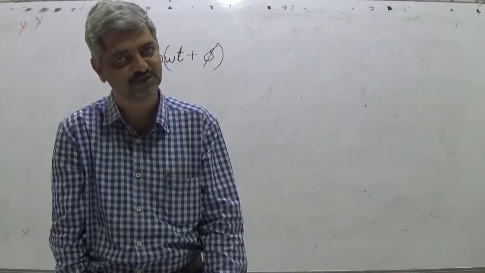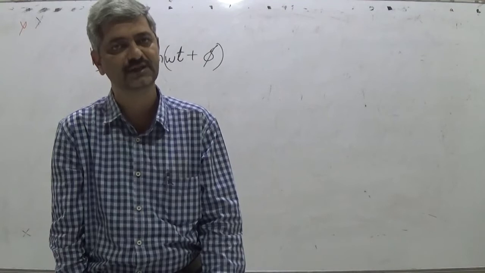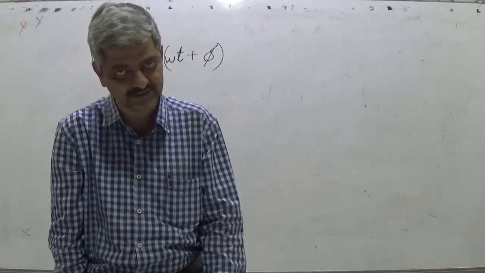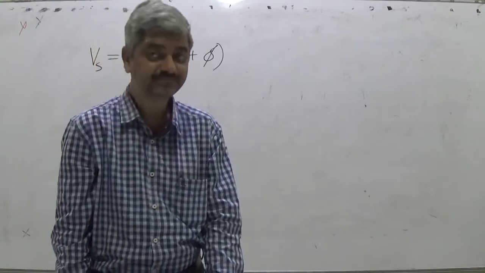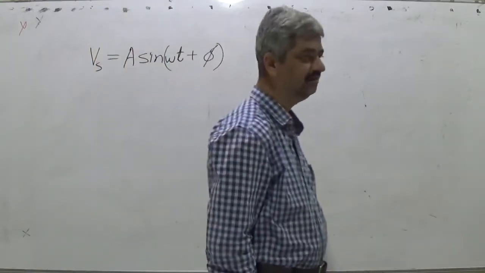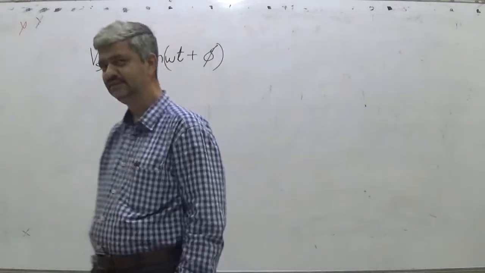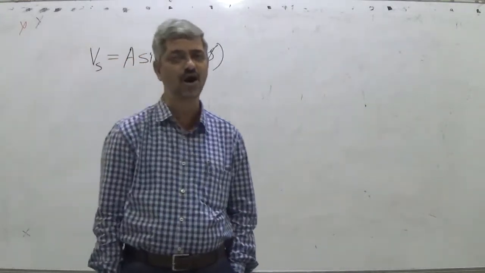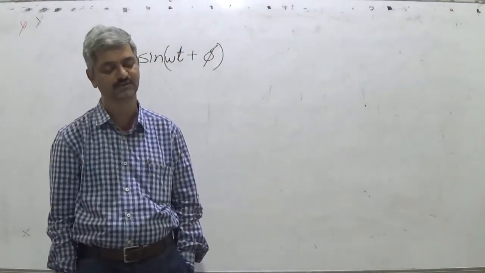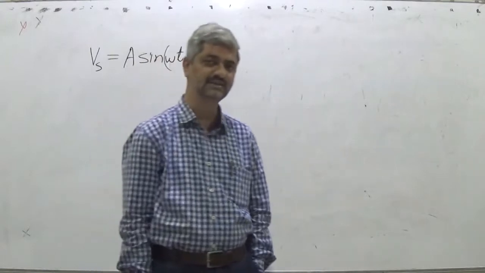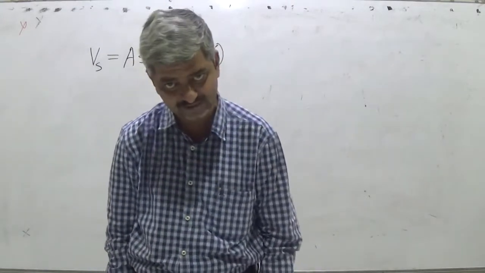So when we have a circuit consisting of any R, any L or any C, or any combination of all these things, and we apply a sinusoidal voltage to that circuit, then currents in all branches and voltages between any two points in the entire circuit are sinusoidal in nature.